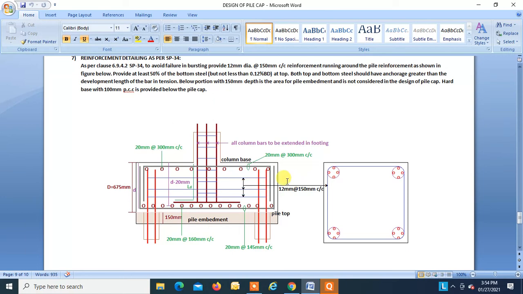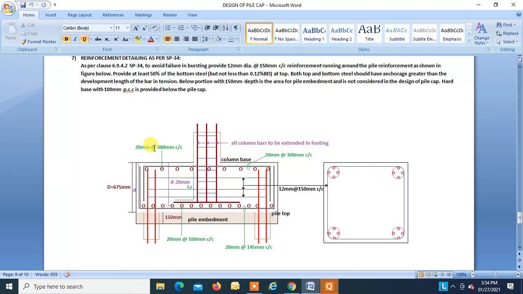Now at top also we will provide reinforcement, that is at least 50% of the steel provided at the bottom has to be provided at the top. So this is at 145, this is at 160, so we are providing 20 mm at about 300 mm in both directions.